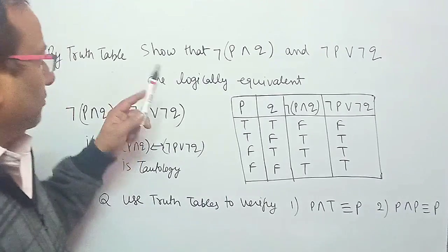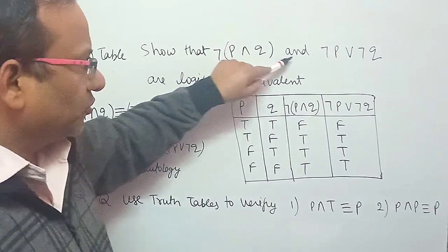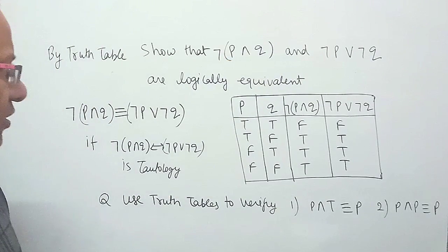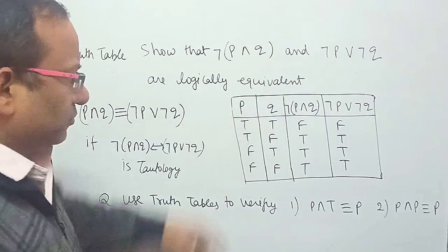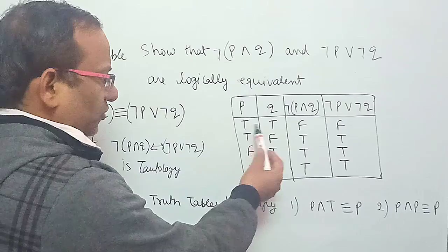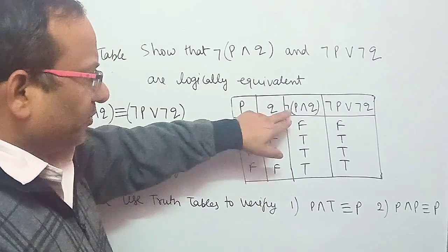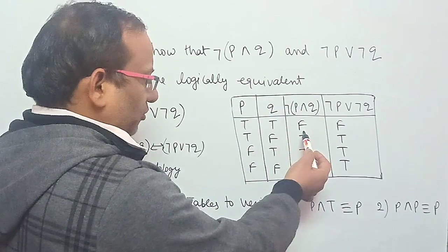So the question is, by truth table show that negation of P and Q and negation of P or negation of Q are logically equivalent. So let's first create their truth table. P, Q, four possible combinations: true true, true false, false true, false false. What will be the negation of P and Q? First, P and Q is true, its negation will be false.